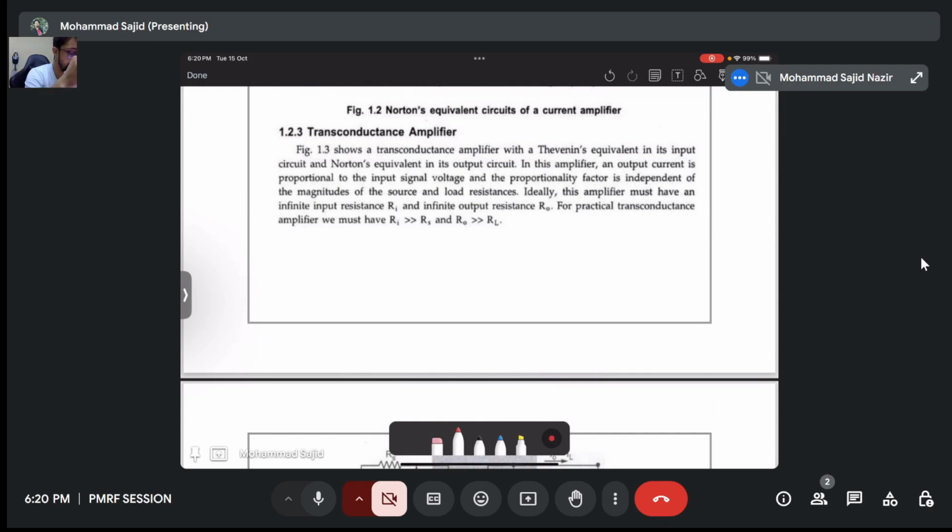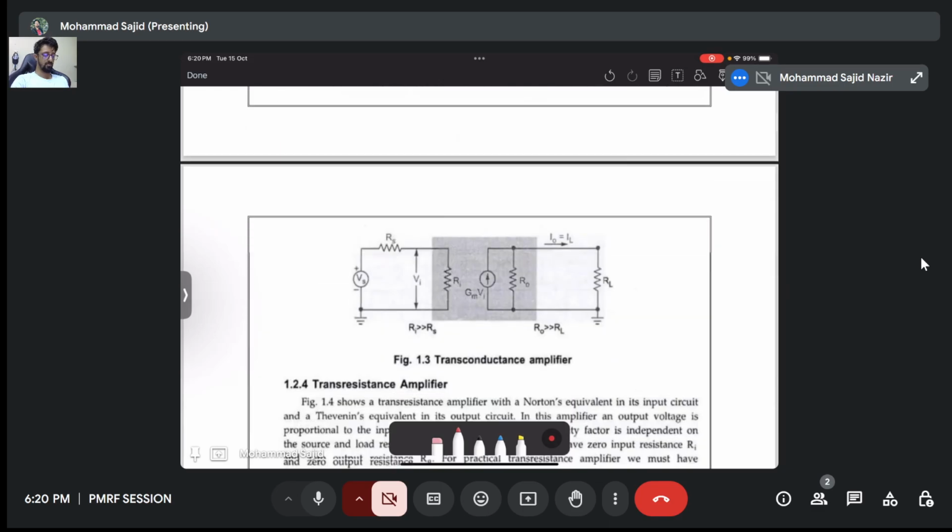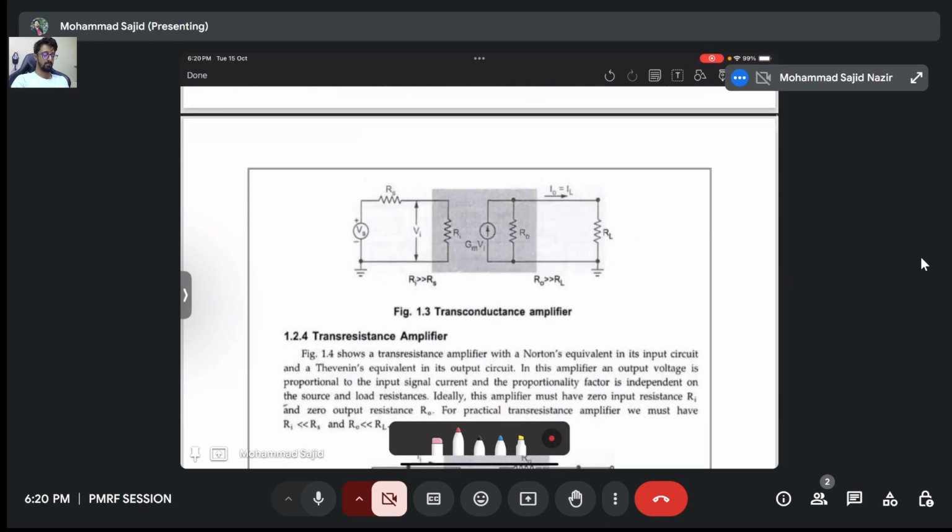So that is what a transconductance amplifier is. For the ideal case, our input resistance should be infinite and our R naught should be infinite as well. So when R naught is infinite, the whole current will flow through RL, and when Ri is infinite, the whole voltage will be applied across Ri.